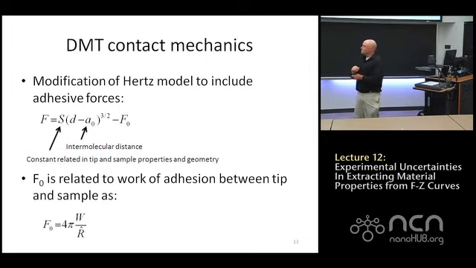So the model is going to look something like force is equal to a constant S, which is related to tip sample properties and geometry. So properties such as elasticity, which is what we're trying to get to, Poisson's ratio, and surface geometry such as the radii of curvature of the sample and radius of curvature of the tip. And then we have another constant, which is just the intermolecular distance.